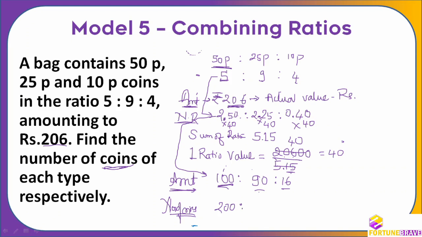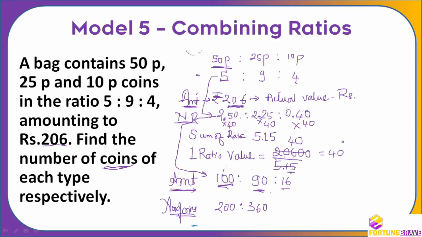Same way, to get 90 rupees, how many 25 paise coins are required? 90 into 4, because 1 rupee can be made by 4 coins of 25. So this will be how much? 90 into 4. This depends on the number of coins required to make this much of rupee.